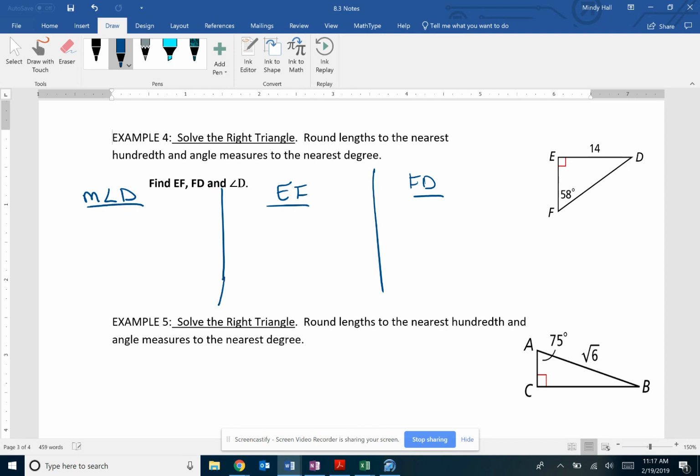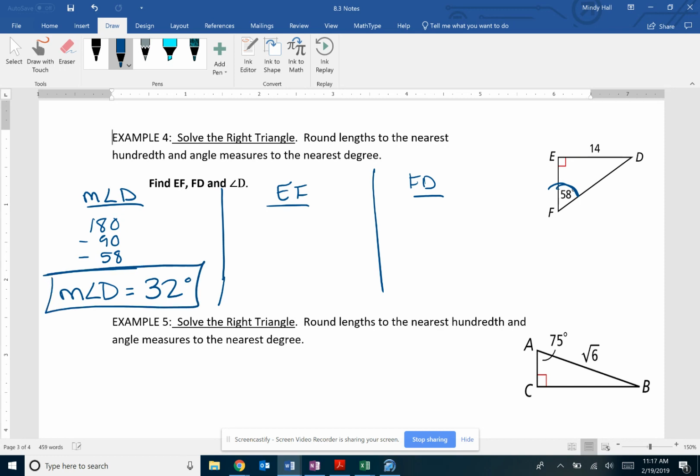If I'm looking for the measure of angle D, I already know one of my angle measures, so I can actually just subtract from 180. So 180 minus 90 minus 58 equals 32 degrees. So the measure of angle D equals 32 degrees. Okay, and that one's pretty straightforward.